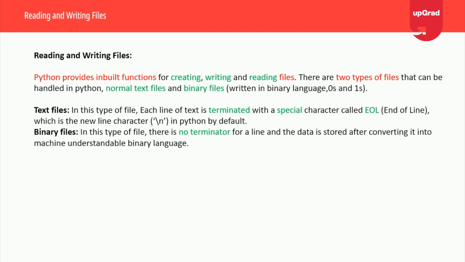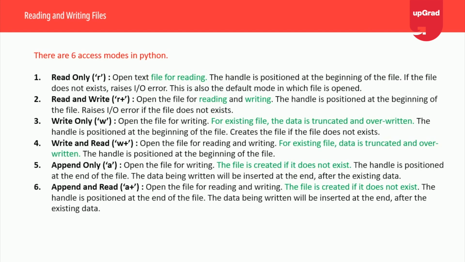Before we work on text files, let us try to understand what are modes in file handling. These are the popular file modes, or you can say the major file modes we have available in Python. You might be wondering what is a file mode? Whenever we do programming in Python and we want to work with files, the Python interpreter or the Python engine doesn't know exactly what needs to be done with the file or what the intention of the developer is.